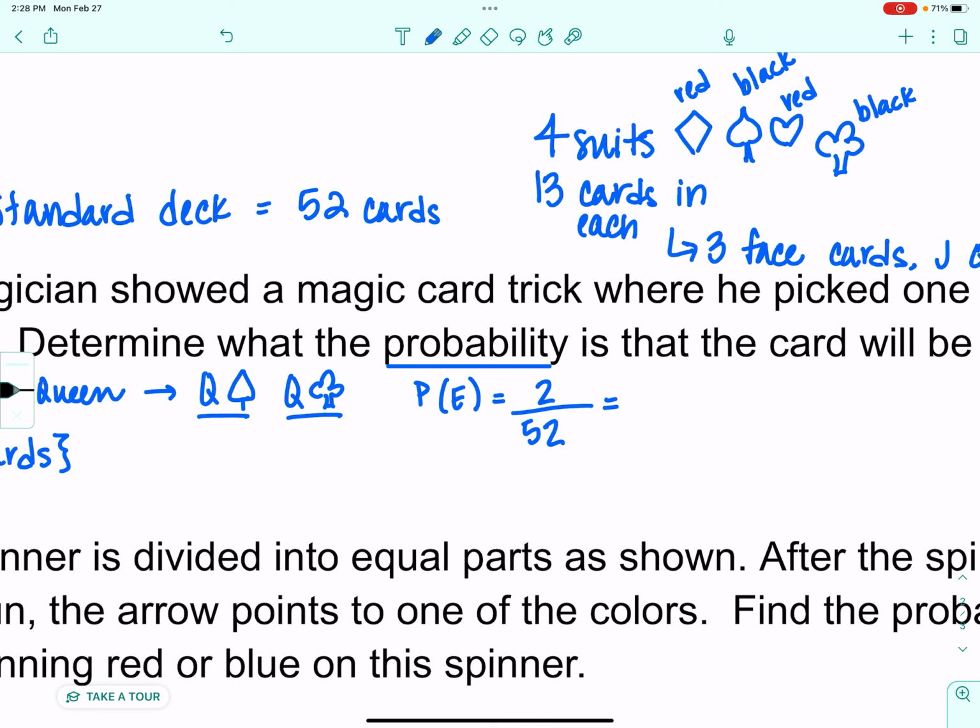So I need to do 2 divided by 52. You are welcome to do this by hand or in your Desmos calculator. Either way, you should end up with 1 out of 26 for your final probability.